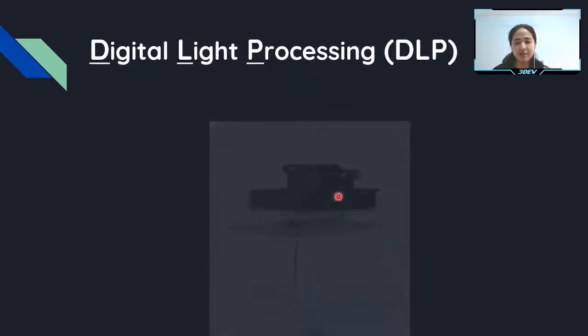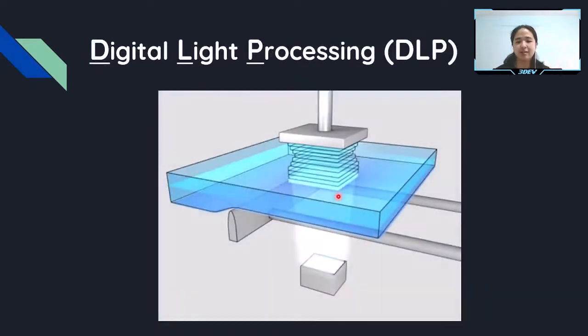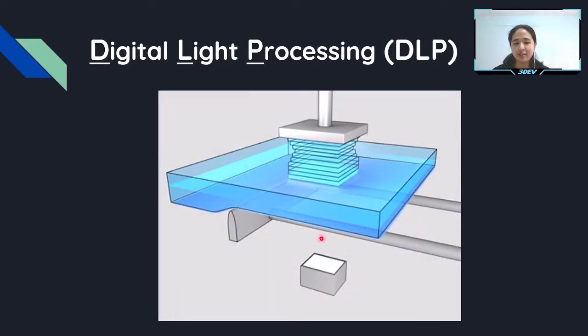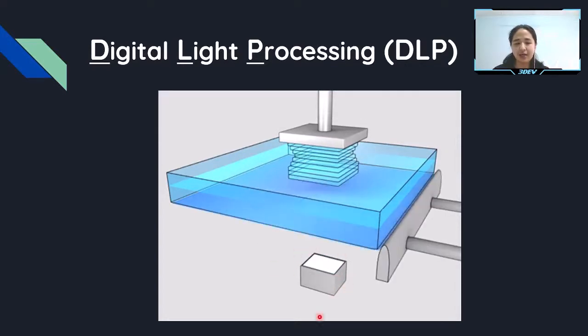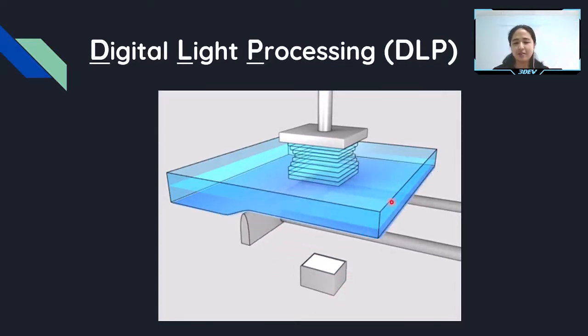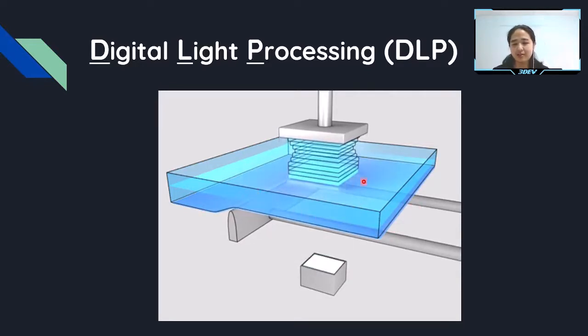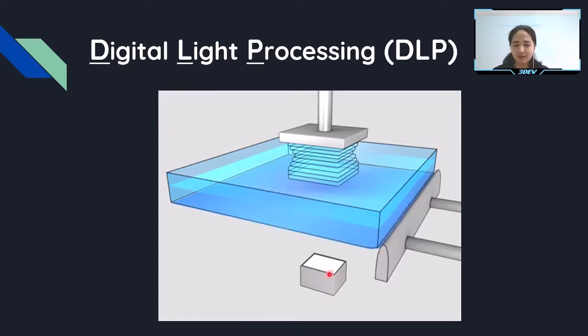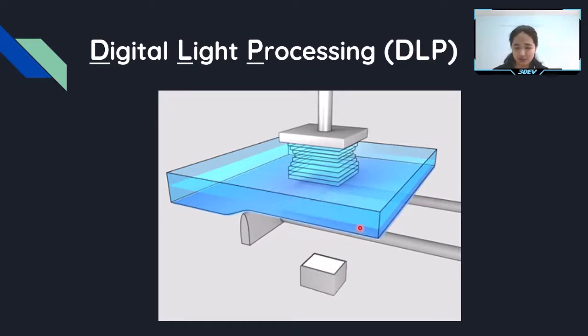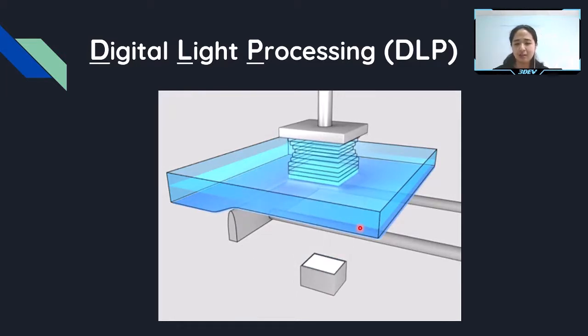And DLP over here, you can see, prints by one light. First, it will clean the resin, then it will print a layer, and then continue with the process. So this is how DLP works.